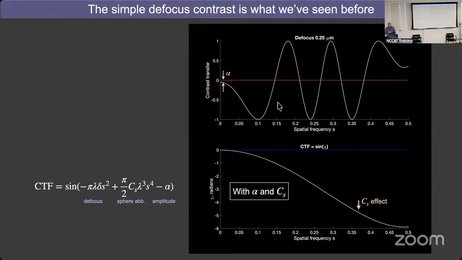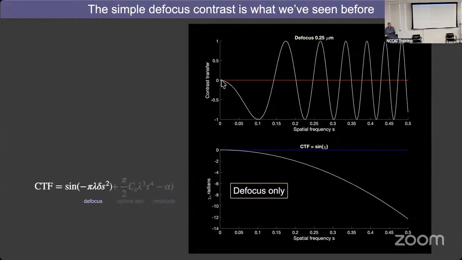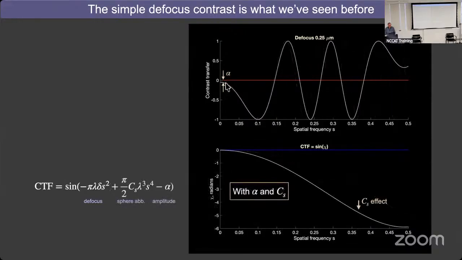And what happens is that the oscillations slow down and then they actually reverse in polarity. And then if I were to continue this, they would start oscillating faster and faster as the Cs term kicked in. The other thing is that there is this little bit of amplitude contrast here. So before that started out at 0, now it starts out with this little bit of amplitude contrast.